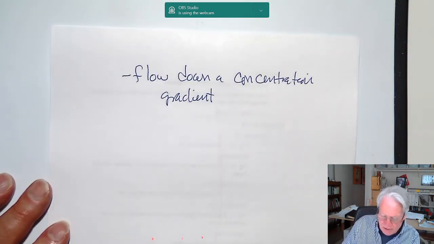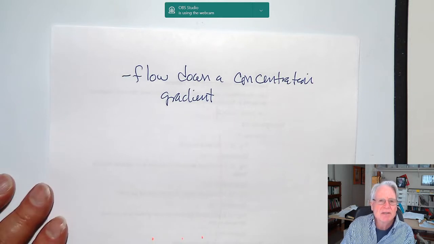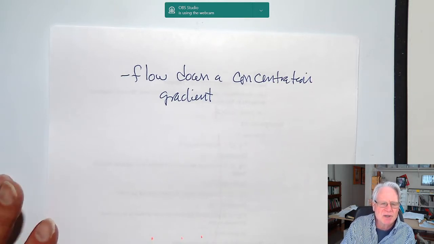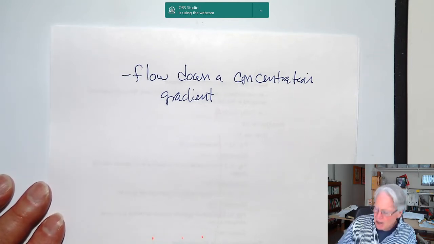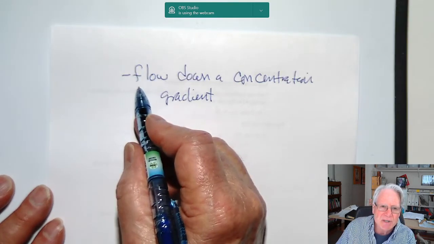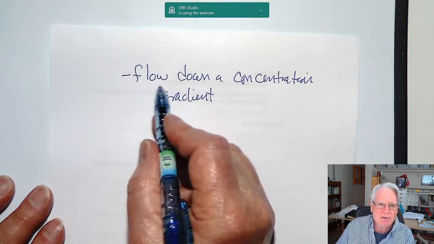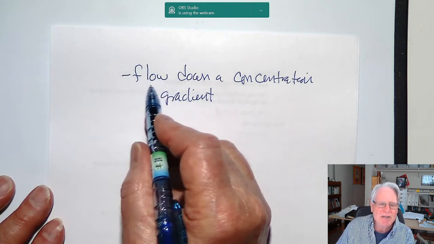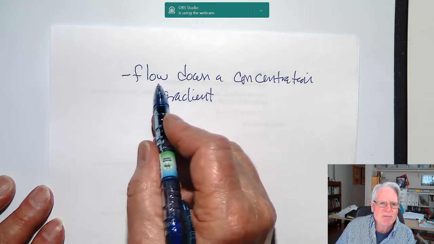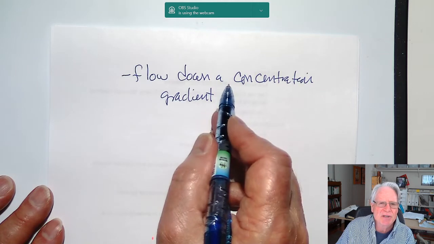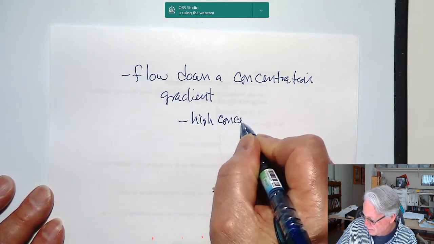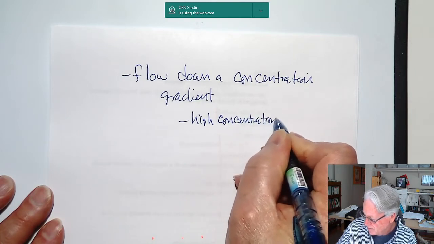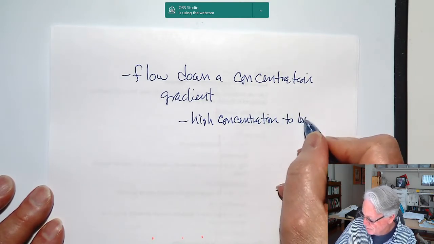So, the movement of something from high concentration to low concentration can be taken advantage of if we create or have that concentration in the first place. One of the benefits that we get out of having that concentration gradient is that the molecules that are segregated across the membrane want to move down their concentration gradient, from high concentration to low concentration.